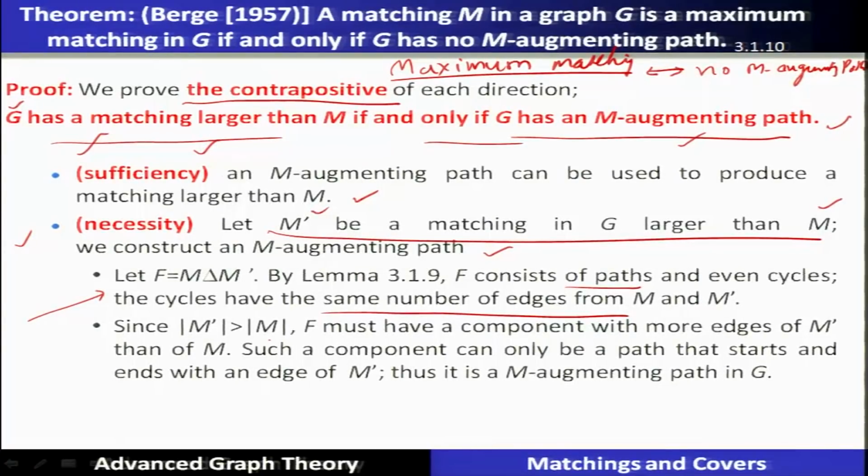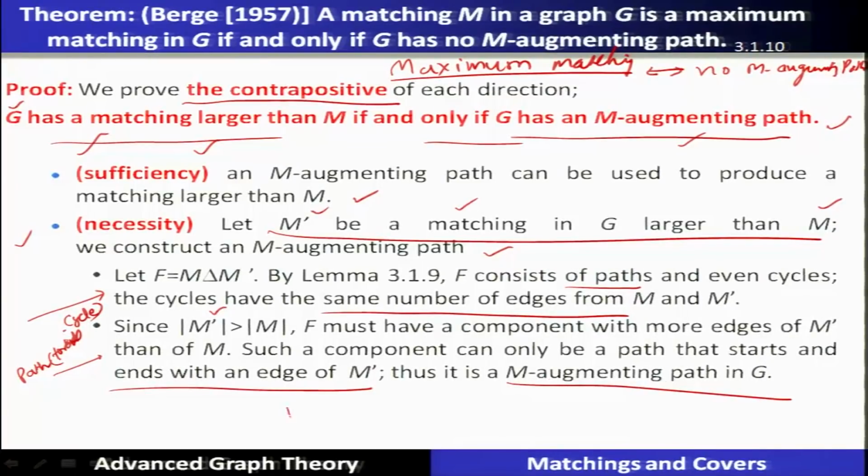Since M prime is greater than M, as we have assumed, F must have a component with more edges of M prime than M, and that is a path, and this forbids the cycle. So, such a component can only be a path that starts and ends with an edge of M prime. Why? Because M prime is greater. So, it has to start and end with M prime. Thus, there exists an M-augmenting path.